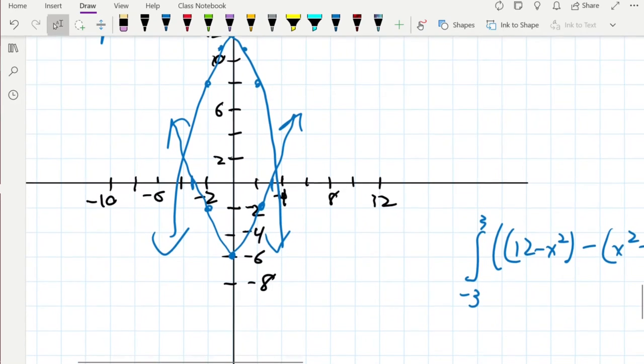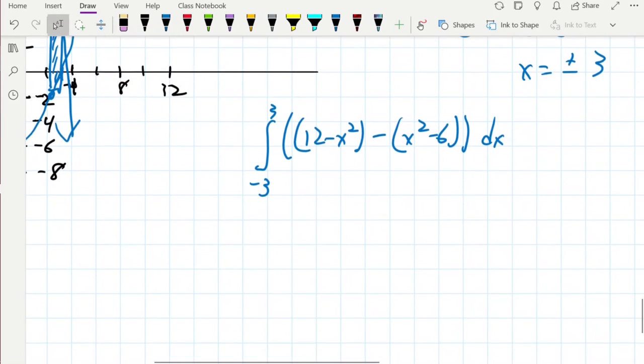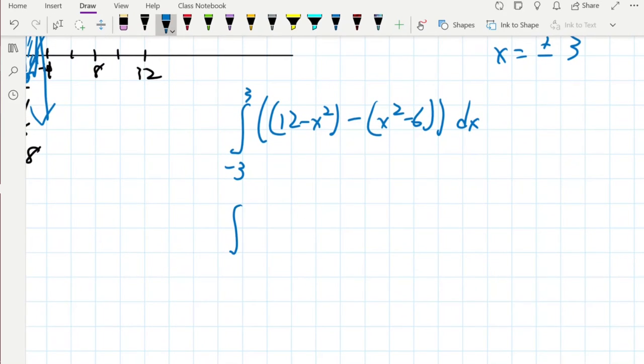And might as well get the little rectangle in there. Alright, so we are going to take the integral from negative 3 to 3 of 12 minus x squared minus x squared plus 6 dx.